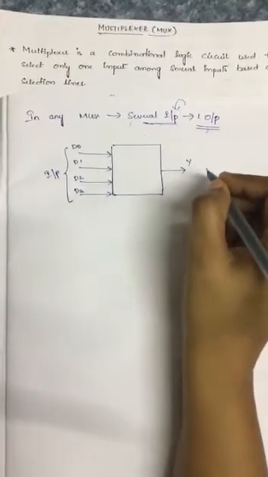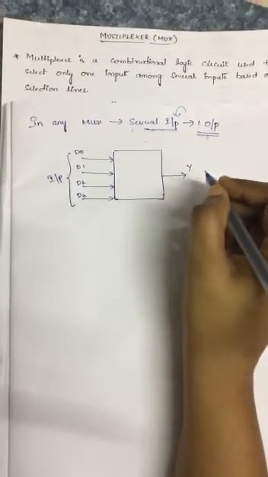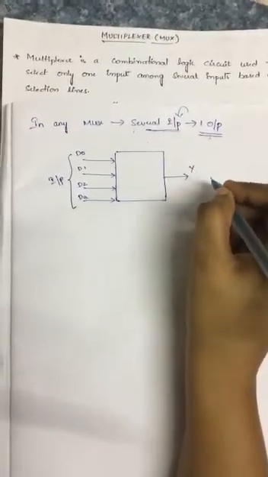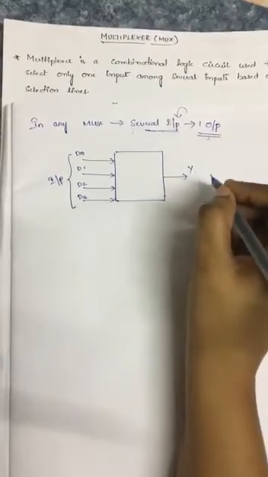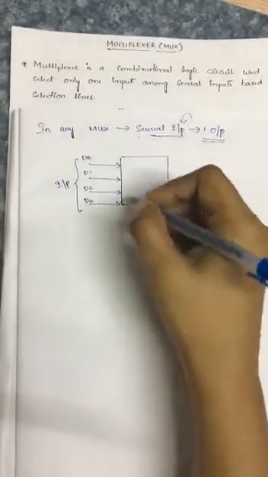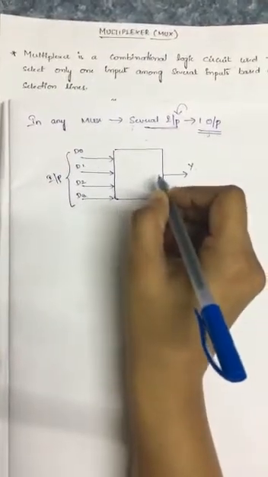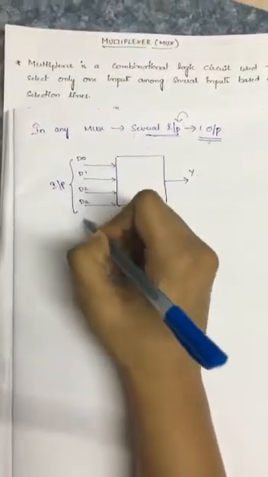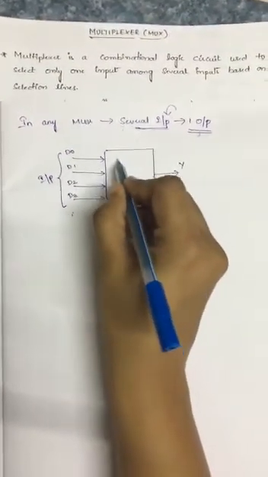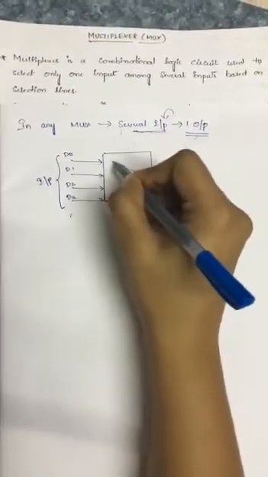Whatever the number of inputs you give, the output of a multiplexer is going to be a single output. How we are going to get this single output from these different inputs means, in a multiplexer you are going to have one dialer.